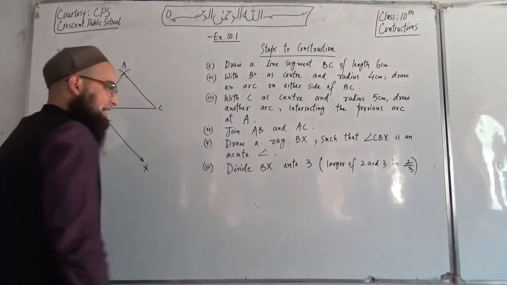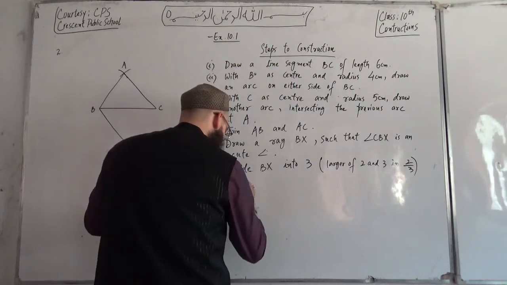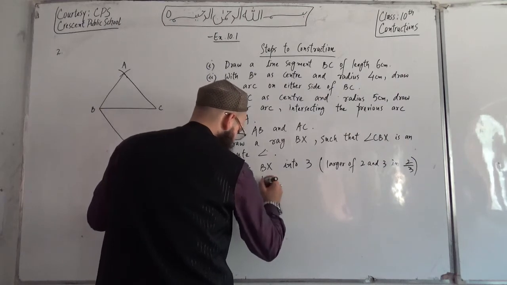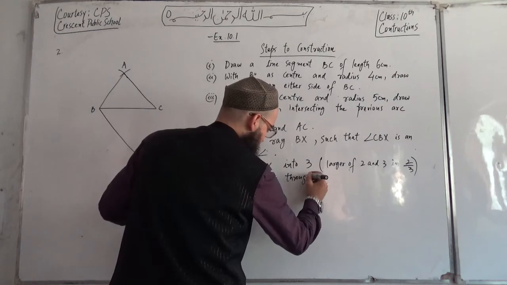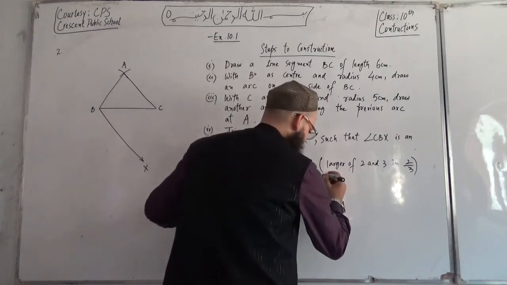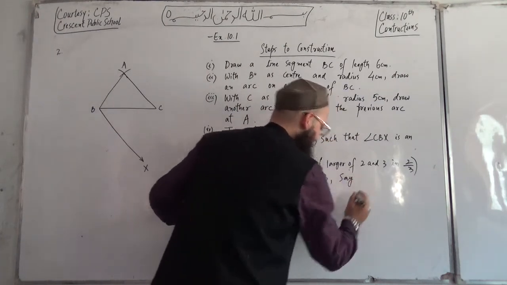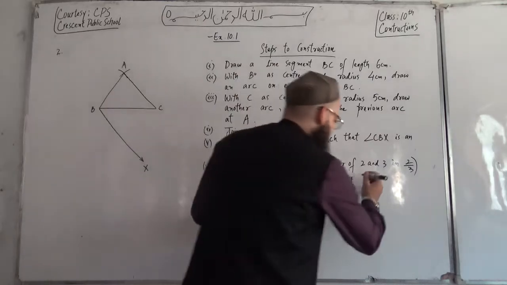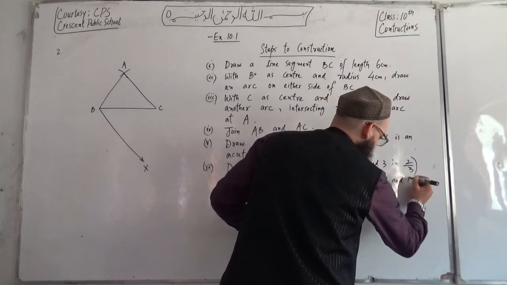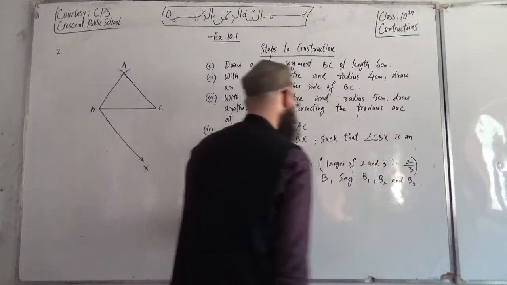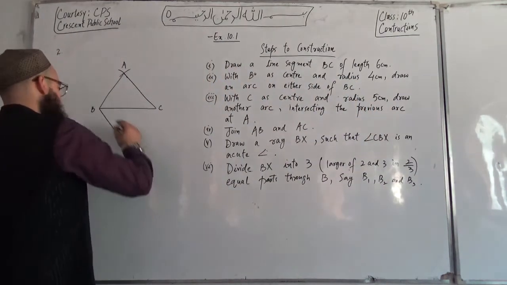So divide Bx into 3 equal parts through B, and let us name them B1, B2 and B3.